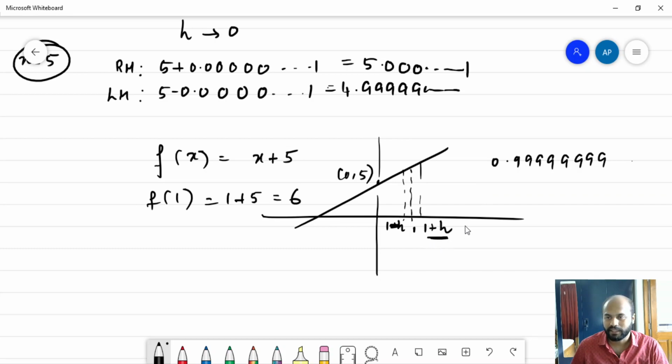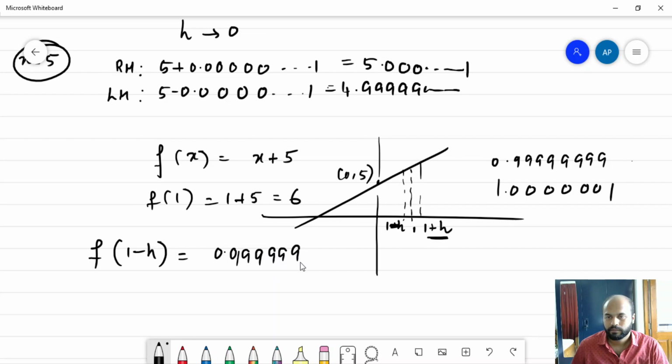And on the right hand side, this point is going to be 1.00001. So f of 1 minus h is going to be 0.999 plus 5. So the actual value is going to be 5.999, something like this.